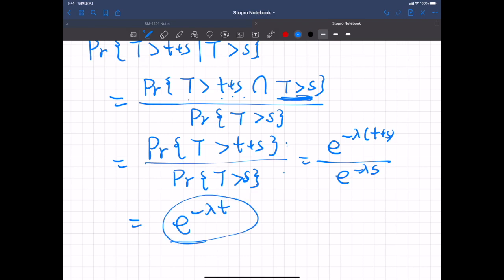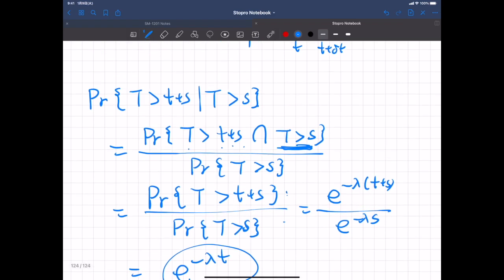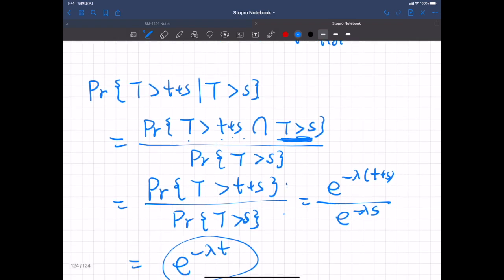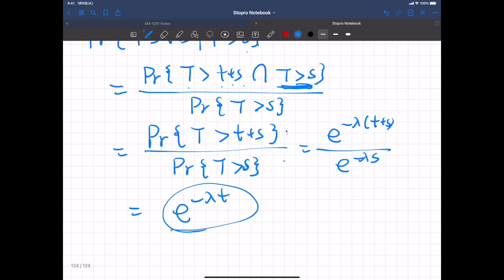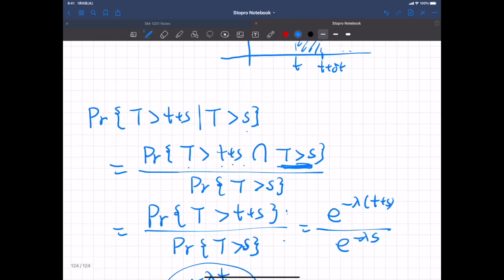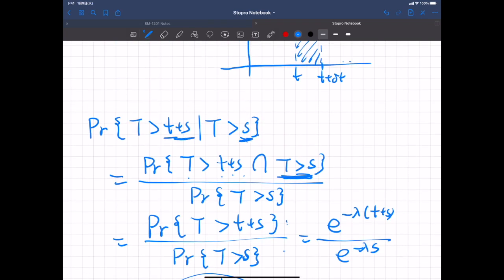So this is another manifestation of the memoryless property of this process. So it doesn't matter how long it survived up to time s. After that, the reliability is just dependent on the duration from time s to time t plus s. So the history doesn't matter.